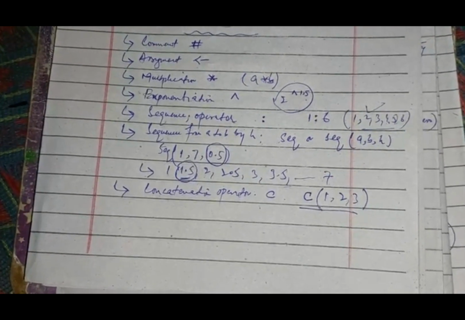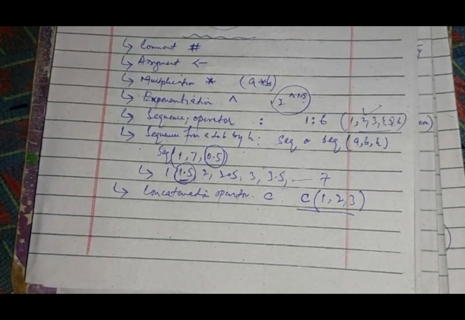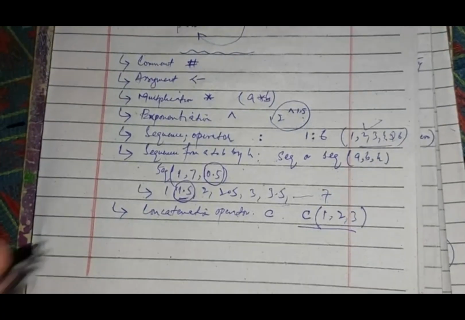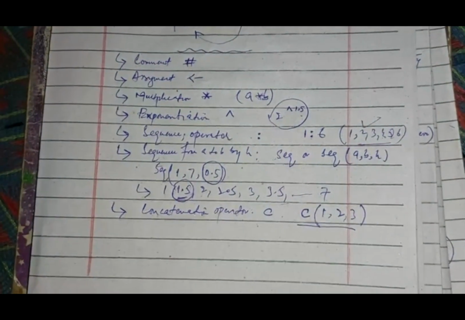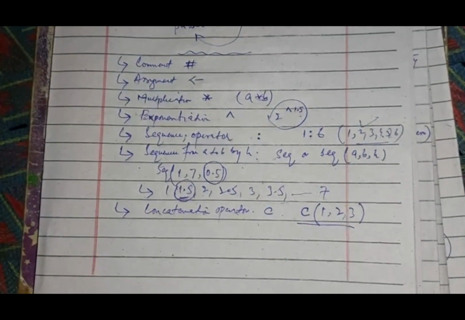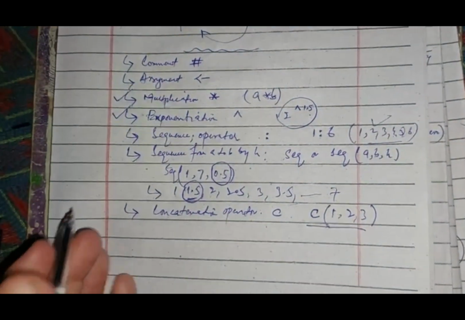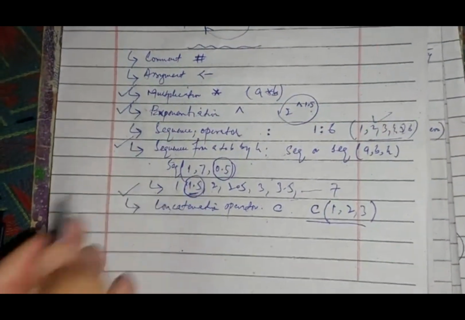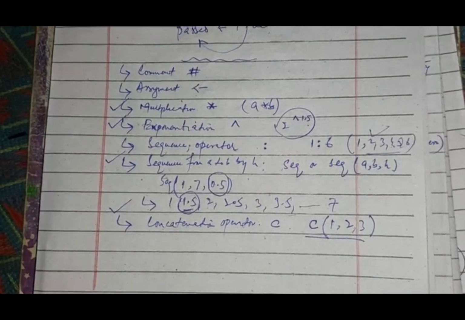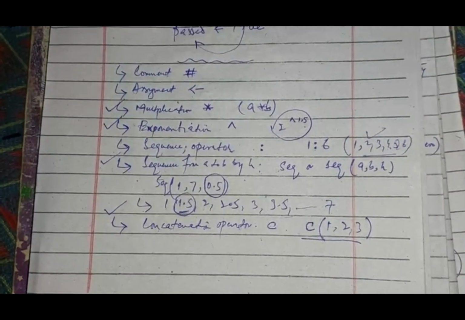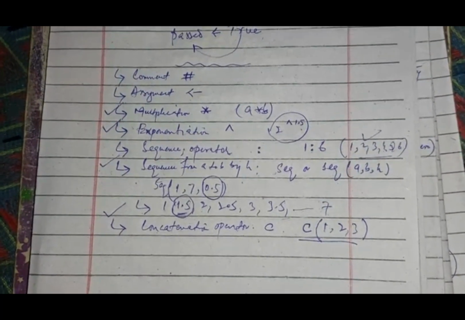This is the concatenation operator. Now I will do a few of the operators in the R language. I will do multiplication, exponentiation, sequence and concatenation. Okay, so let's do it in the R language.